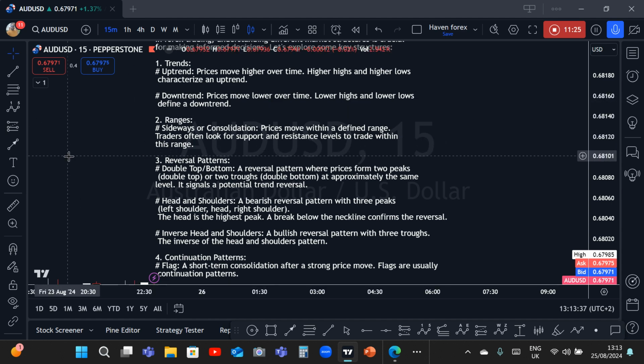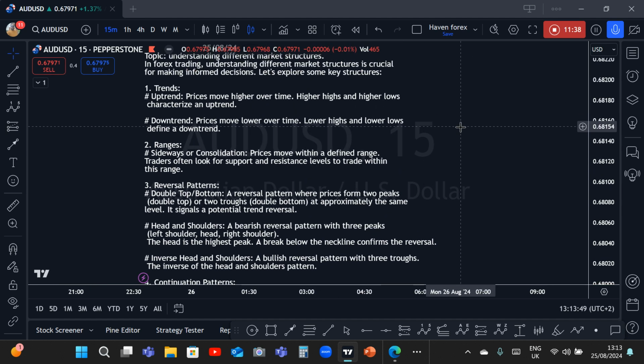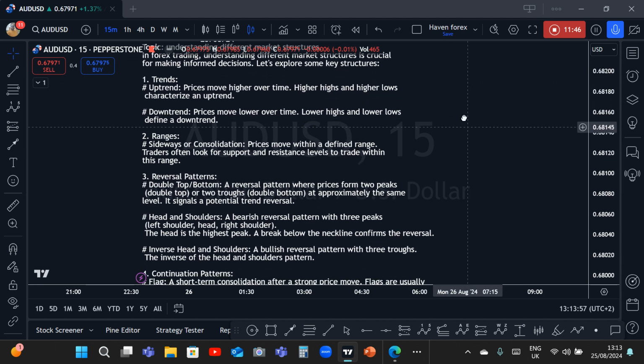That means that there is a higher price movement over time. Price moves higher over time. There is an increase in price within a period of time. So the character is higher highs and higher lows.